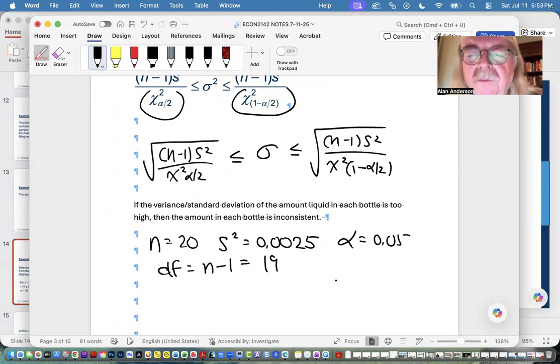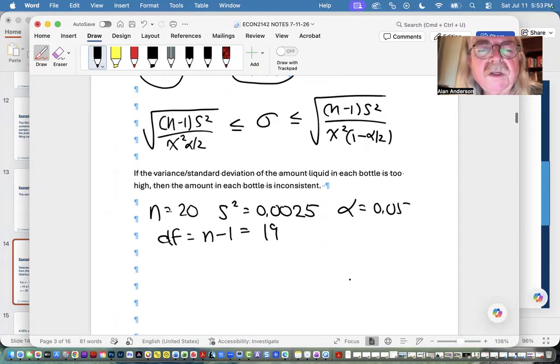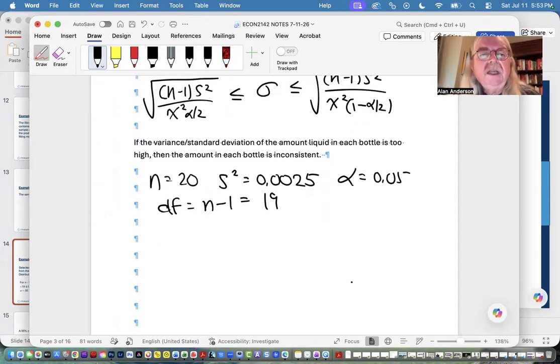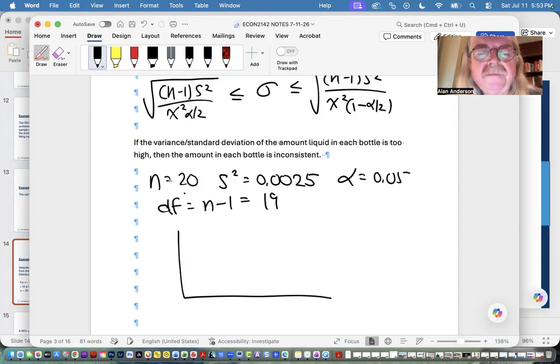Okay, so keep that in mind. With this kind of interval estimation, the degrees of freedom is always n minus one. So what do we know? All right, well, first of all, in order to construct the confidence interval, we need two critical values.